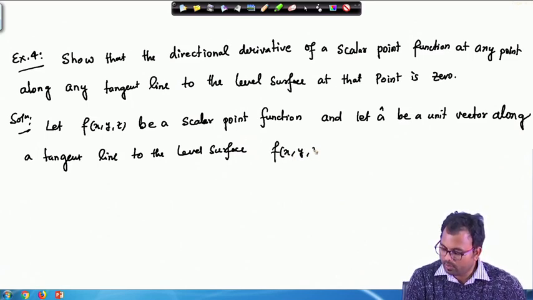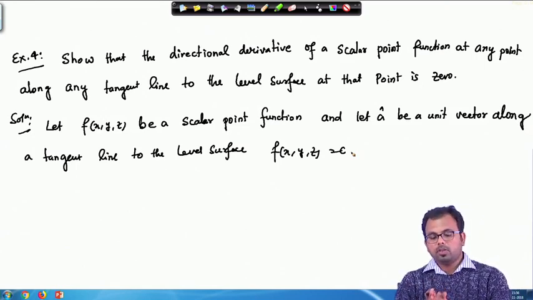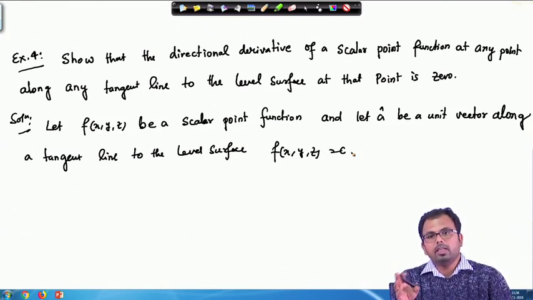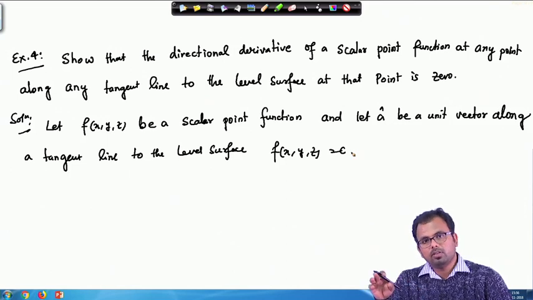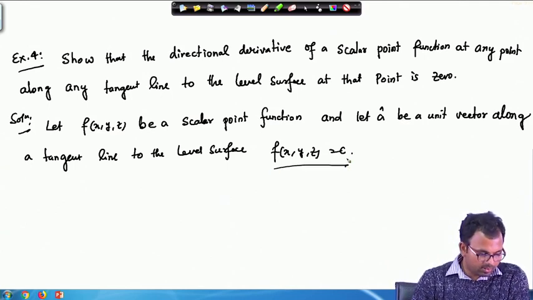And the equation of the level surface is f(x, y, z) = c. So, we assume that f(x, y, z) is the scalar point function and a cap is the unit vector along the direction of the tangent line to the surface f(x, y, z) = c. So, this is our required level surface. Up to this we assume.